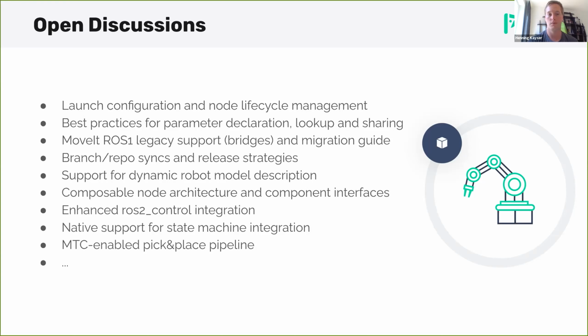We're looking into ROS1 legacy support, either using bridges or also providing a really simple migration guide. We're working on branch repo syncs and release strategies. Dynamic robot model description, as I already said. Also, how we want to design the composable node architecture, how we want to redesign the interfaces. Do we want to provide direct interfaces to the different components, so that you could maybe run IK or planning scene individually without the rest, for any kinds of prototyping?